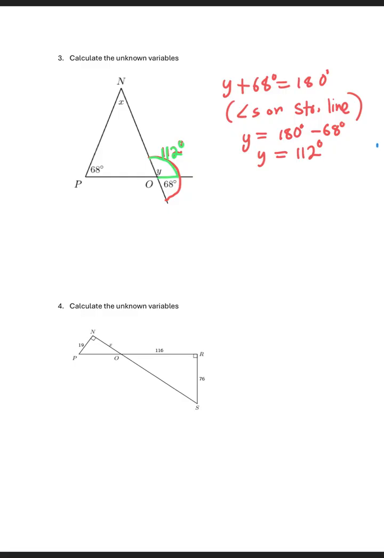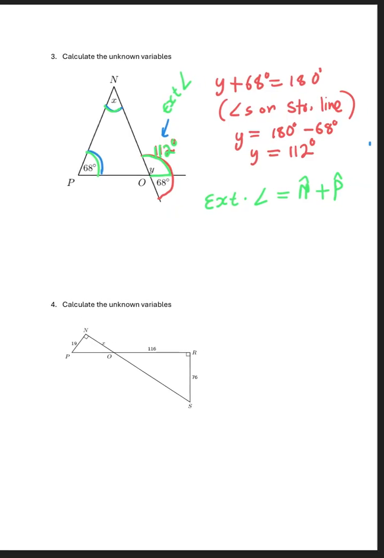And then now we want to find angle X. So we can find angle X using the fact that this angle here is an exterior angle. So we're gonna say exterior angle is equals to N plus P. So this is our N and P. And then the exterior angle is 112.